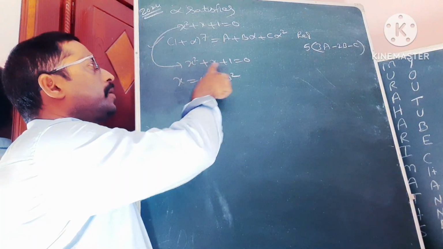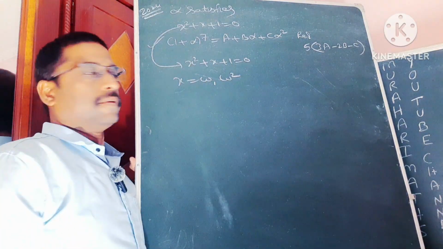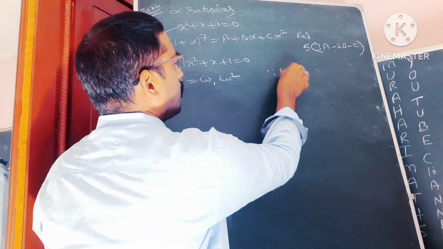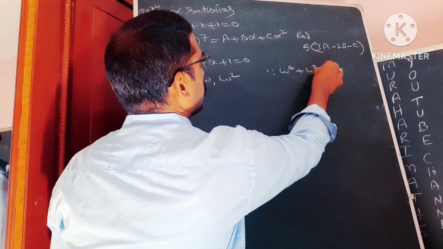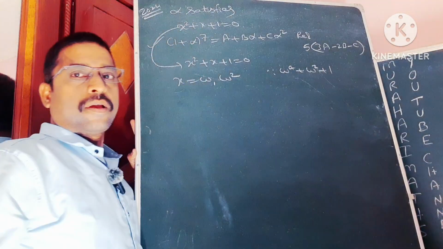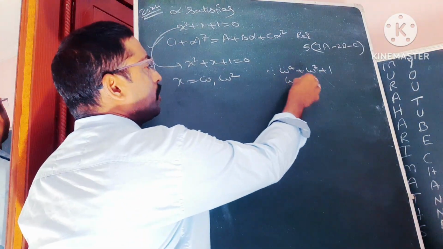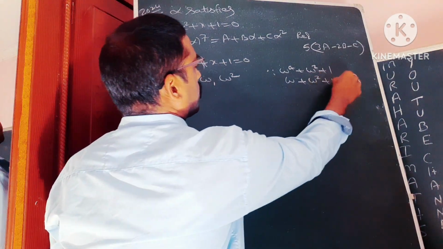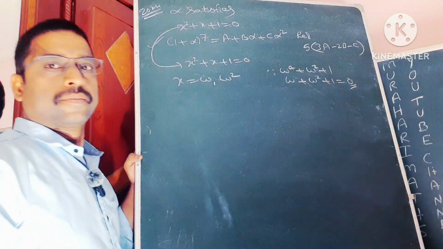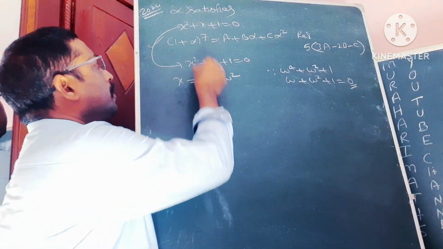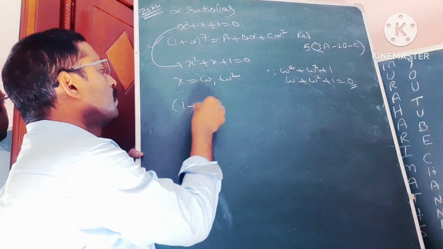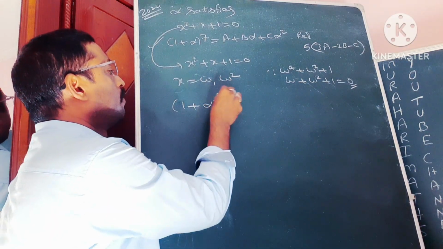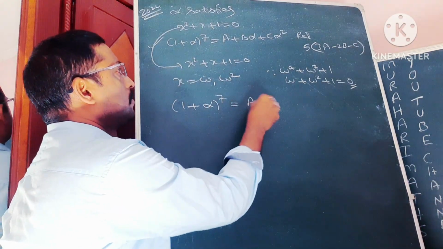Omega power 4 plus omega square plus 1 is also 0. Omega power 4 value how much? Omega cube into omega plus omega square plus 1 is 0. Verified.